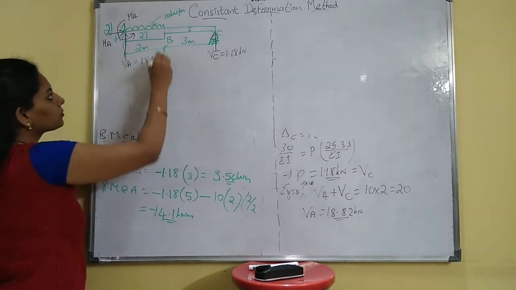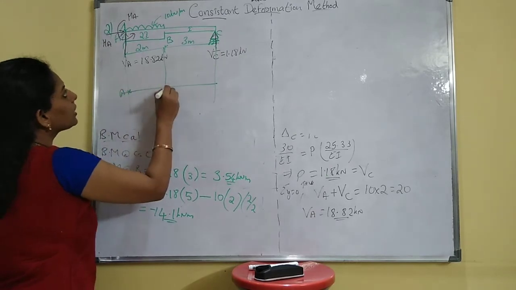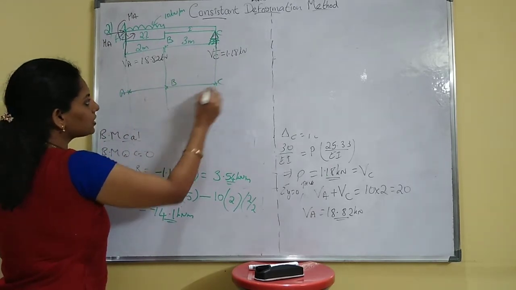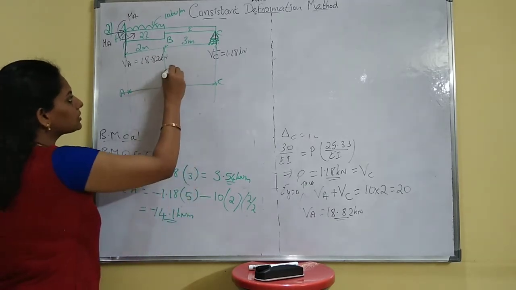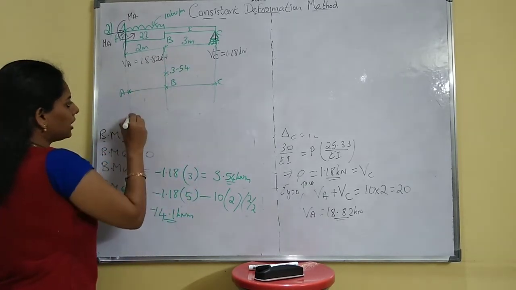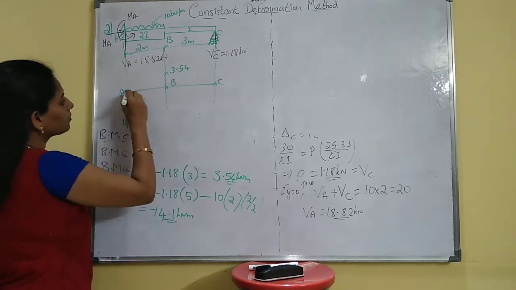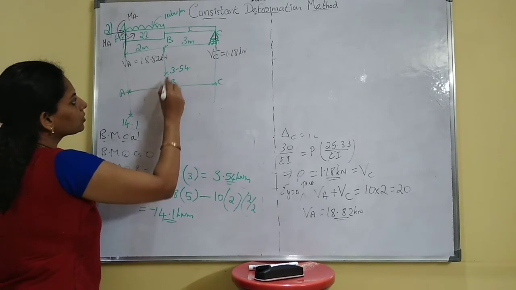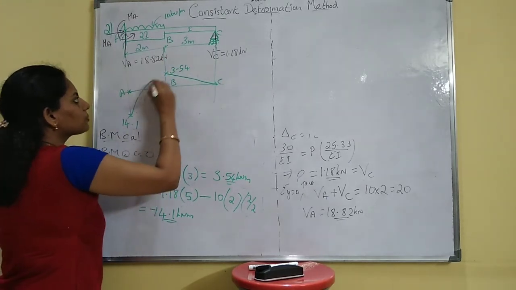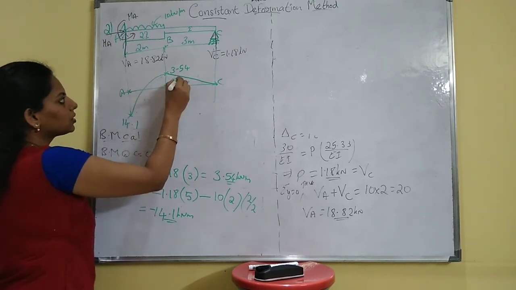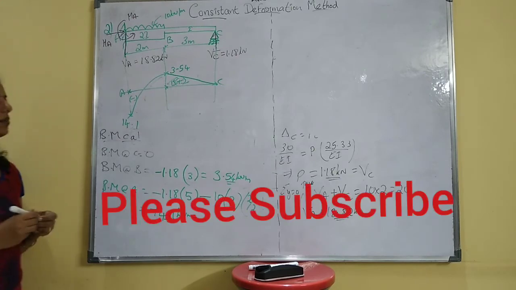Just substitute at A, B, C. So at C it is 0, at B it is plus 3.54, at A it is 14.1. And here you have UDL, so it is a parabolic curve. So plus, minus. This is your BMD. Thank you.